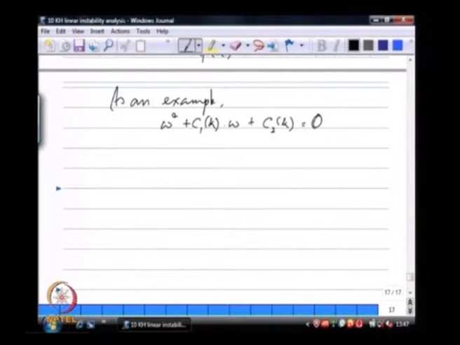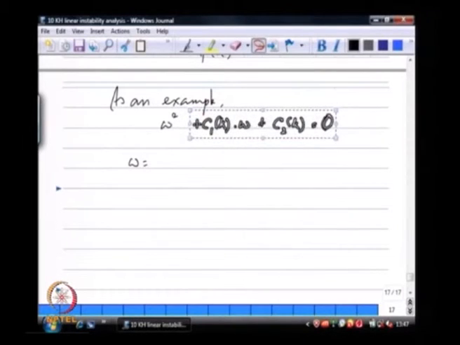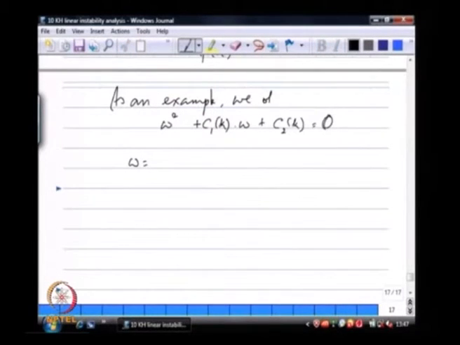This is the kind of function that we got, which says that omega equals, as it turns out for our specific case, of this form 2I times C1 of k.